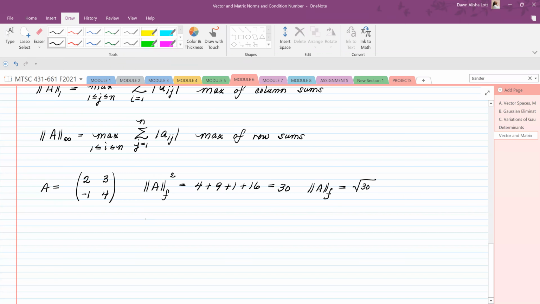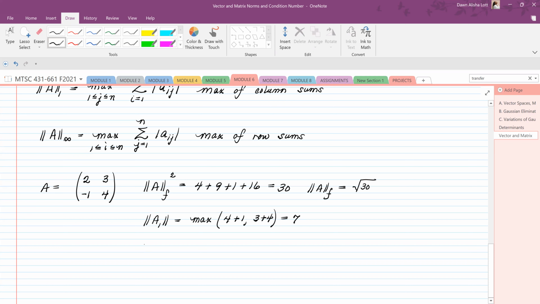The one norm of A is the max of, so the column sum for the first one is 4 plus 1. And then for the second one, the max of 4 plus 1 and 3 plus 4.